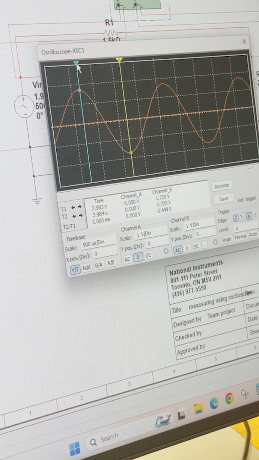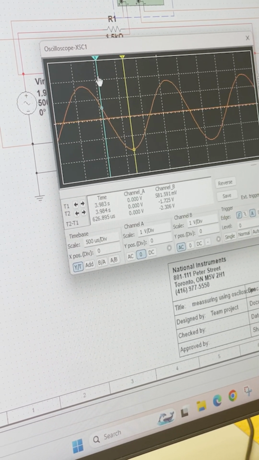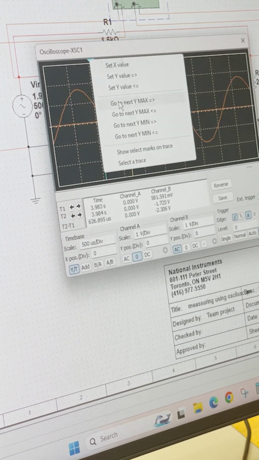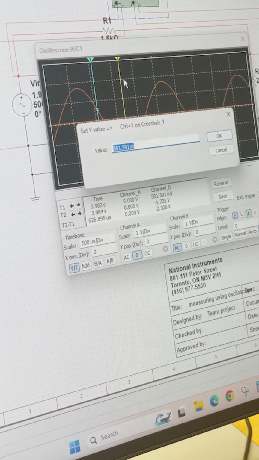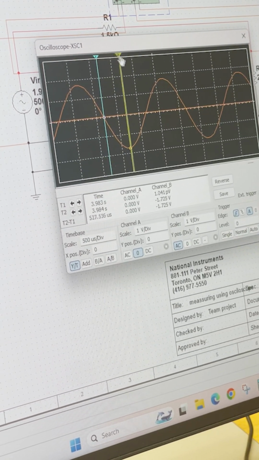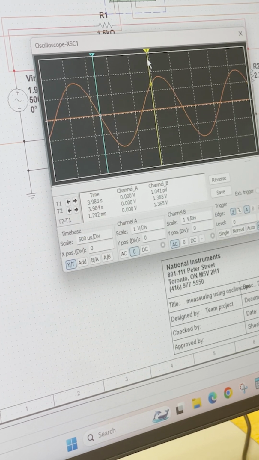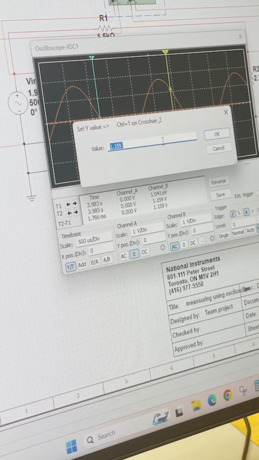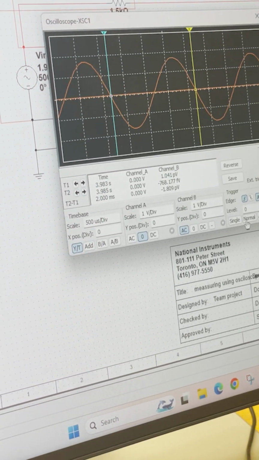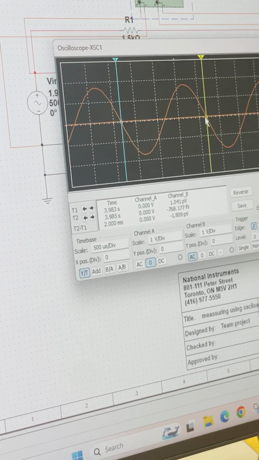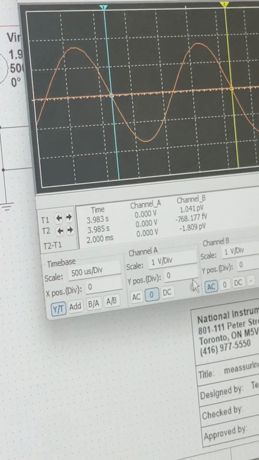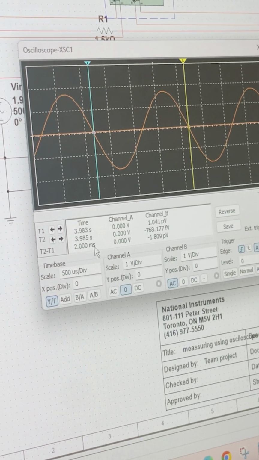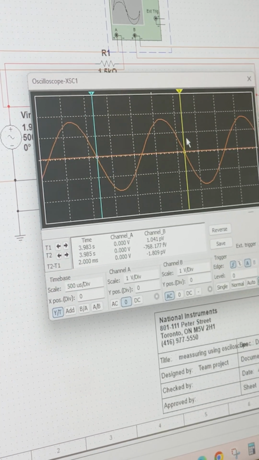And now I'm going to be demonstrating the period for channel B. So for my measurements on channel B, it's also 2 milliseconds.